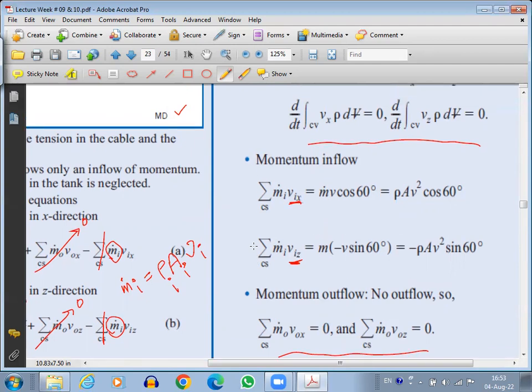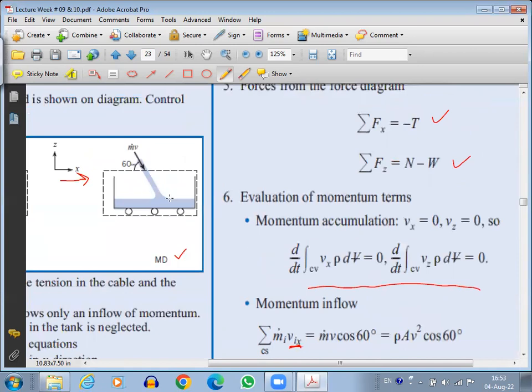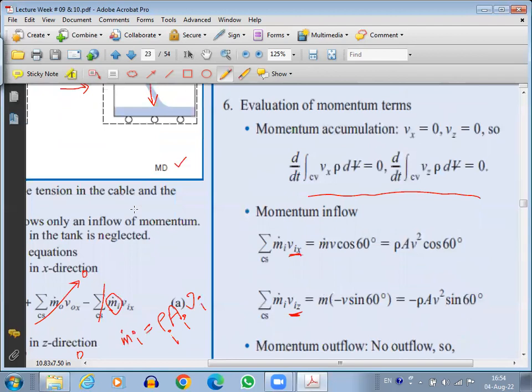Now let's have a look at our problem here. The velocity will have an x component, in this case in the positive x direction, and a z component in the negative z direction, because the flow is coming like this. So the x component is just m dot v cos 60, which equals rho A v squared cos 60.